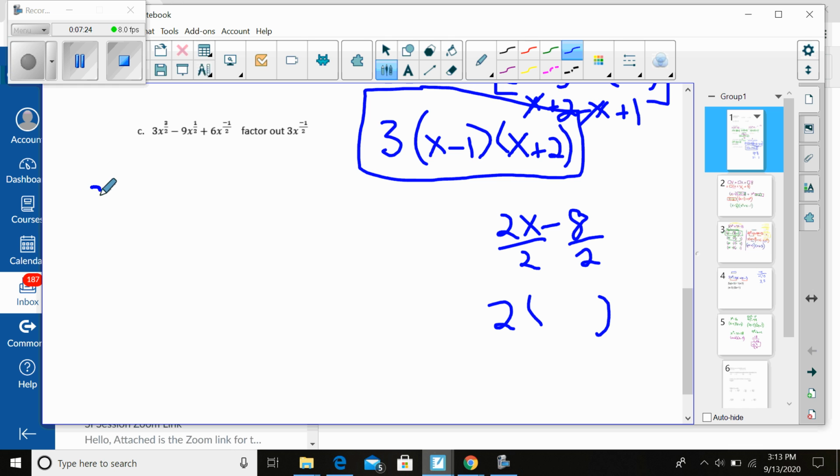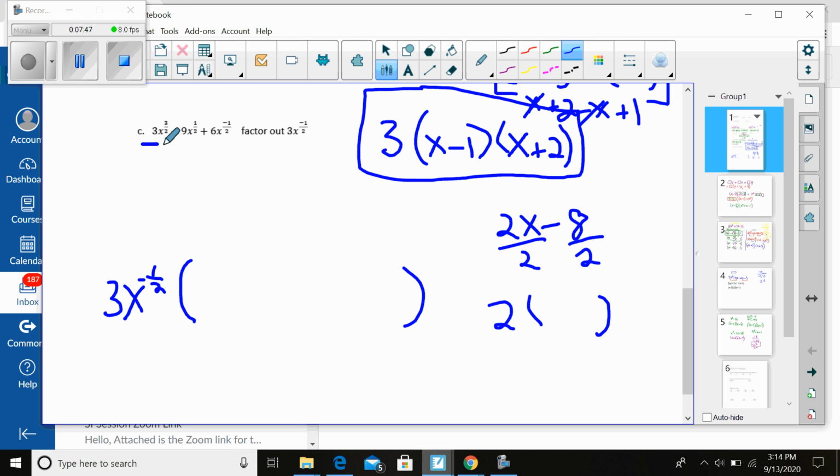Okay, so bear with me a second here. I'm going to bring this way down to the bottom. So 3x to the negative 1/2. That's what's getting factored out, and I need to know what's left.